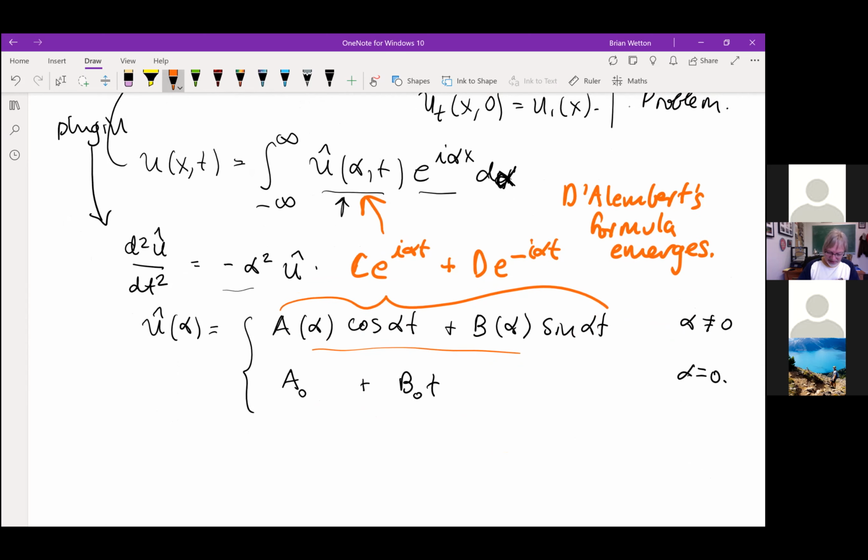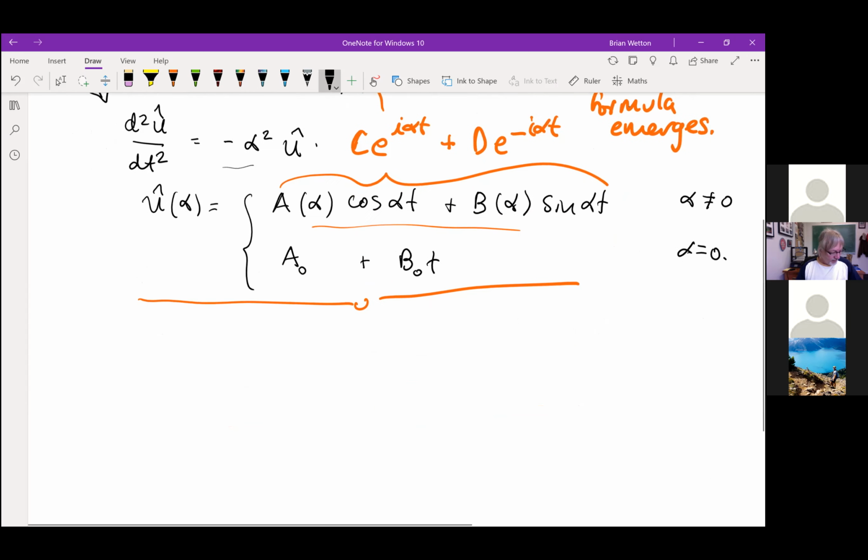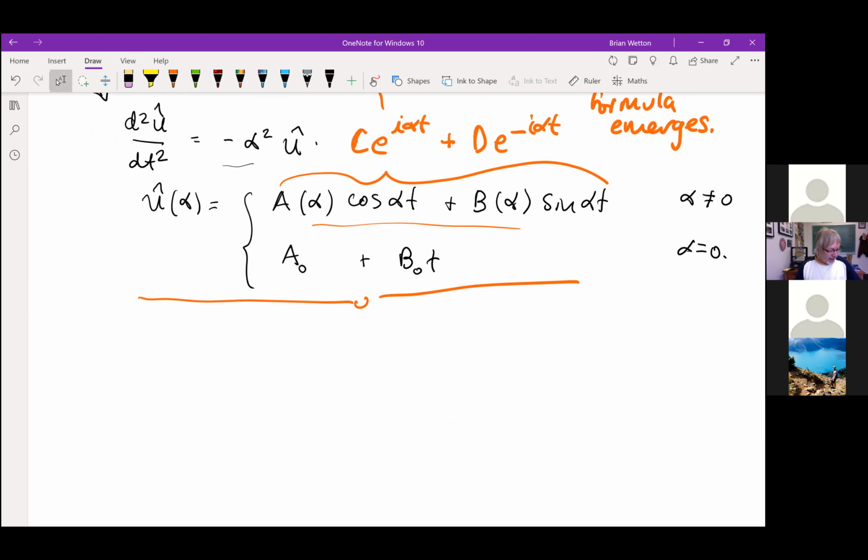Okay, but this seems pretty good. Let's try another one. Let's look at the Laplace problem as a Cauchy problem.